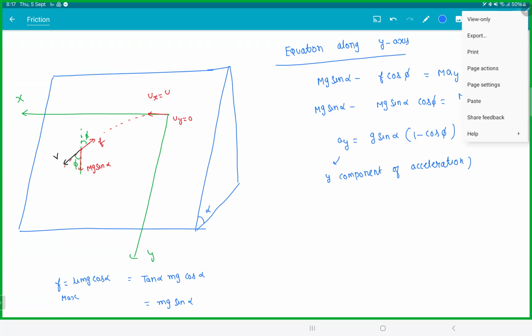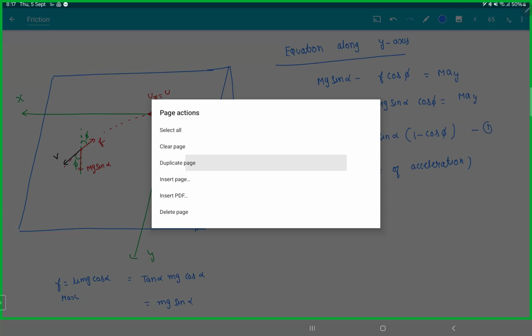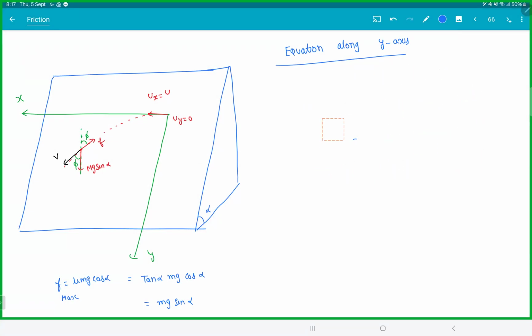The next thing, same thing. This time, let's write the equation along the velocity v bar. Means you want to write the force equation in this direction. So in that direction, the forces will be mg sin alpha cos phi, that is the component of mg, minus friction. This will be m into net acceleration.